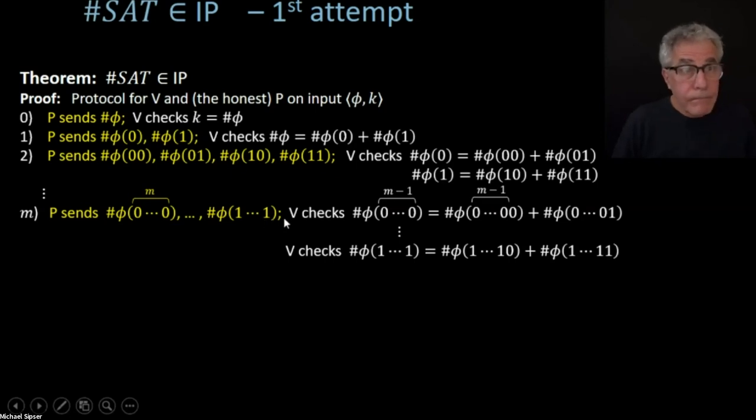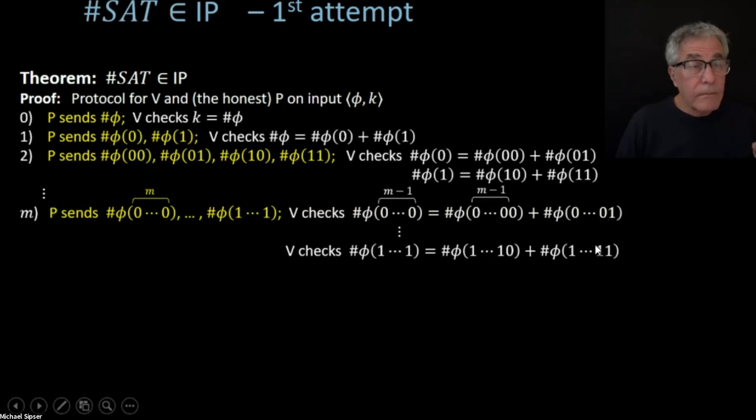And the verifier now checks that the previous round was correct. So that's where we set only the first m-1. The very last variable hadn't yet been set. So it checks all of those 2 to the m-1 possible settings in terms of the new settings that it got, where we set those m-1 settings, but we extended it by 0 and by 1. And this is that same identity that we used from before.